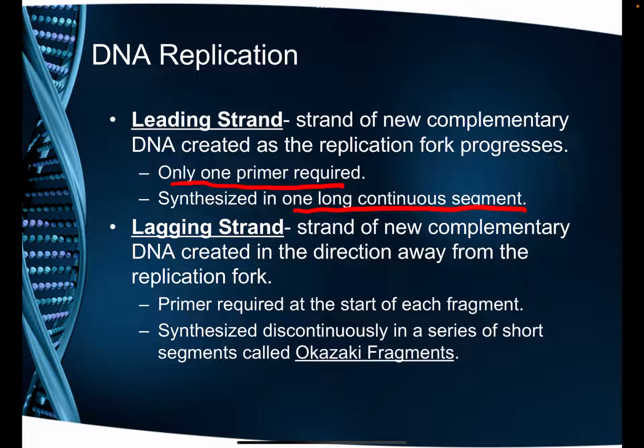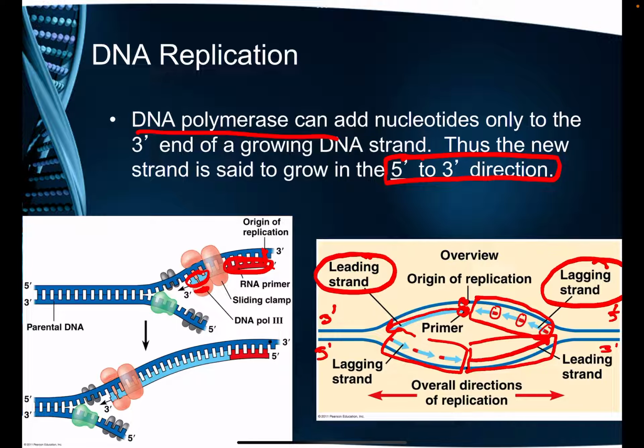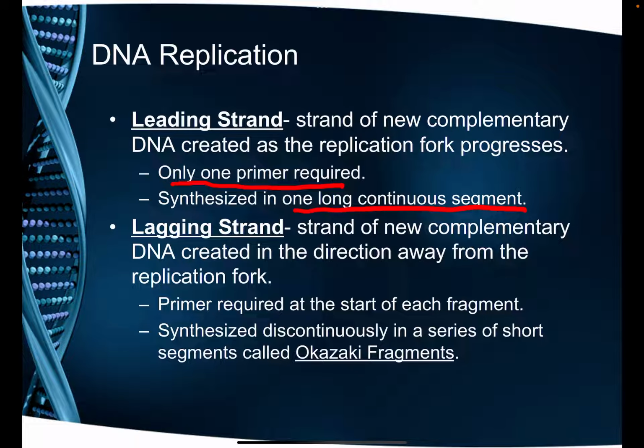We see only that one piece of primer that was required there, and it's one long continuous segment. Versus the lagging strand is moving away from the replication fork. It's going back in here where the DNA is still coiled up, okay? And it's going to have a primer for each of those fragments. And these lagging strand fragments are sometimes referred to as Okazaki fragments, okay?